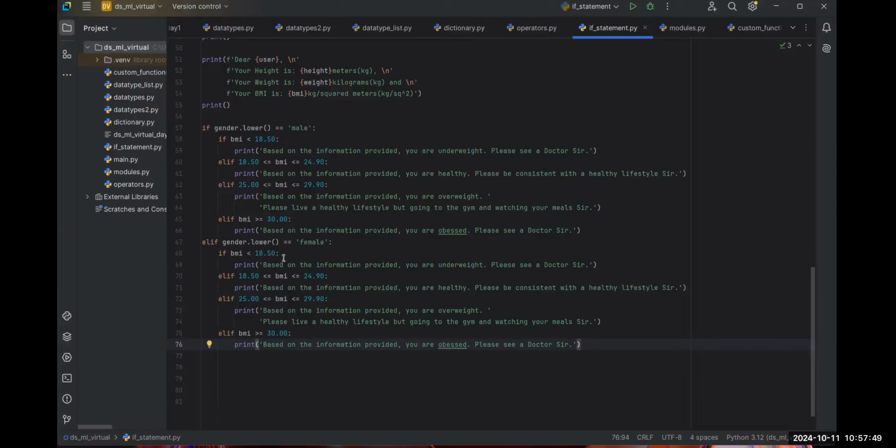We are going to say, based on the information provided, you are underweight, madam, or ma, as the case may be. So we can just use ma for both younger females and males. And the same thing here again for females whose BMI is within this range, they are living a healthy lifestyle. So a healthy lifestyle, ma.